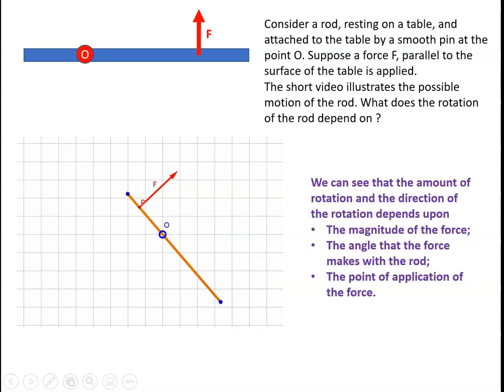So putting these results together, we can see that the amount of rotation and the direction of the rotation depends upon the magnitude of the force, the angle that the force makes with the rod, and also the point of application of the force.